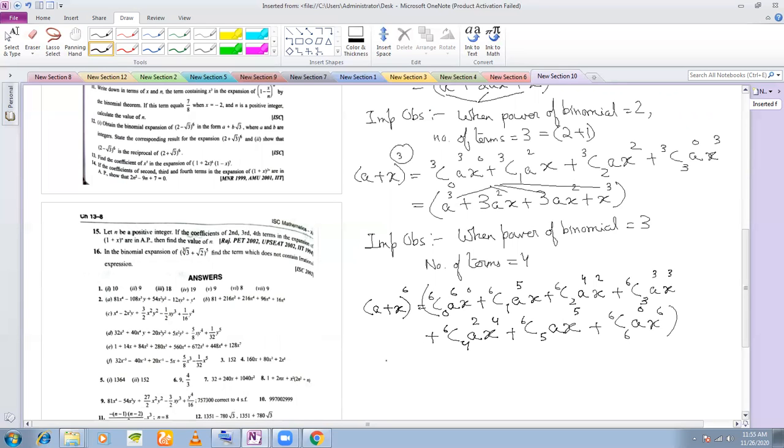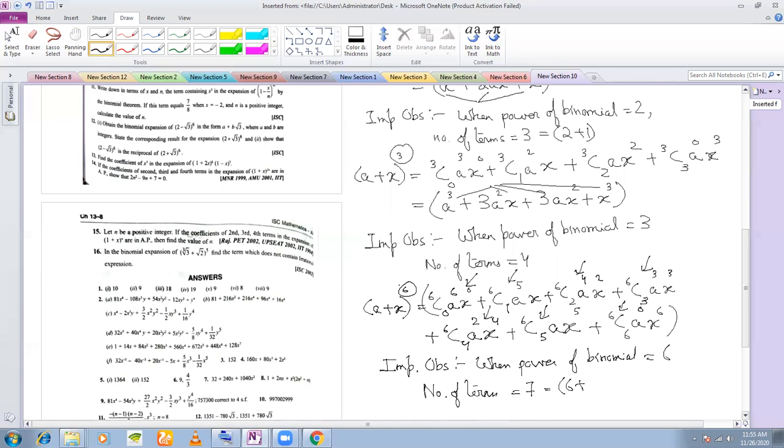And therefore, the important observation here is, when the power is 6, the number of terms here is 7. If you count the number of terms, 1, 2, 3, 4, 5, 6, 7. The number of terms is 7, which is nothing but 6 plus 1.